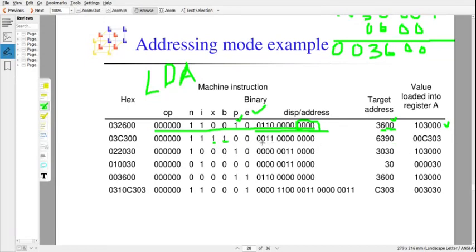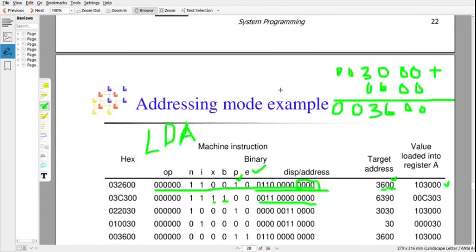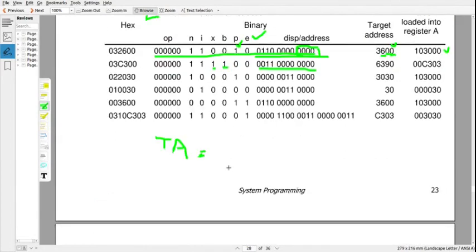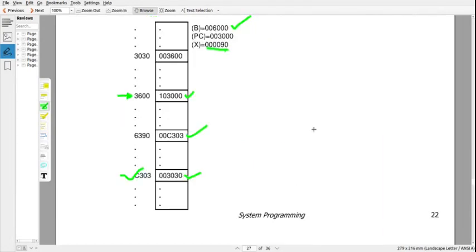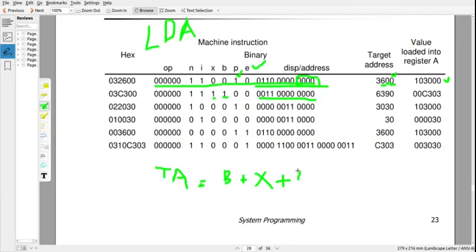The value present in the displacement is 300, and the target address is calculated by using the base register value plus the index register value plus the displacement value.